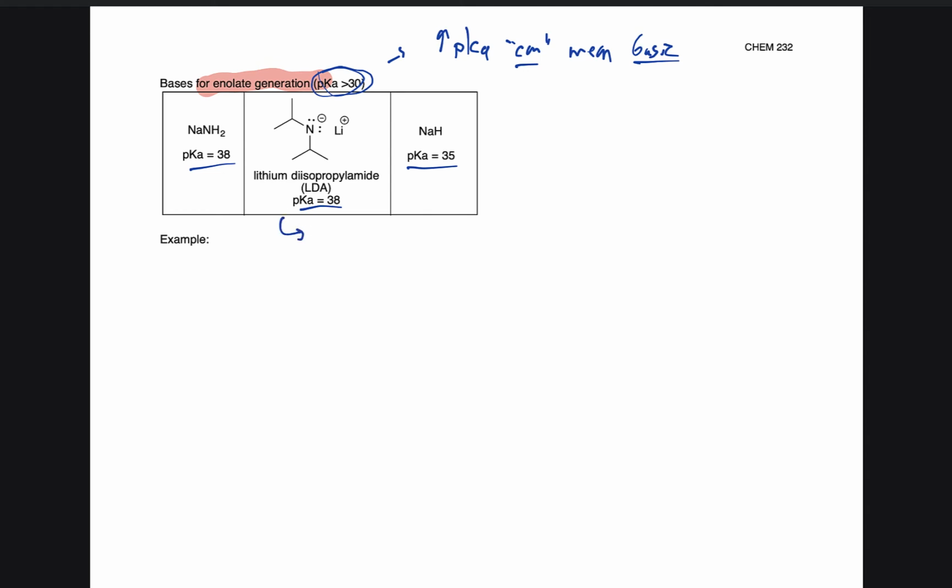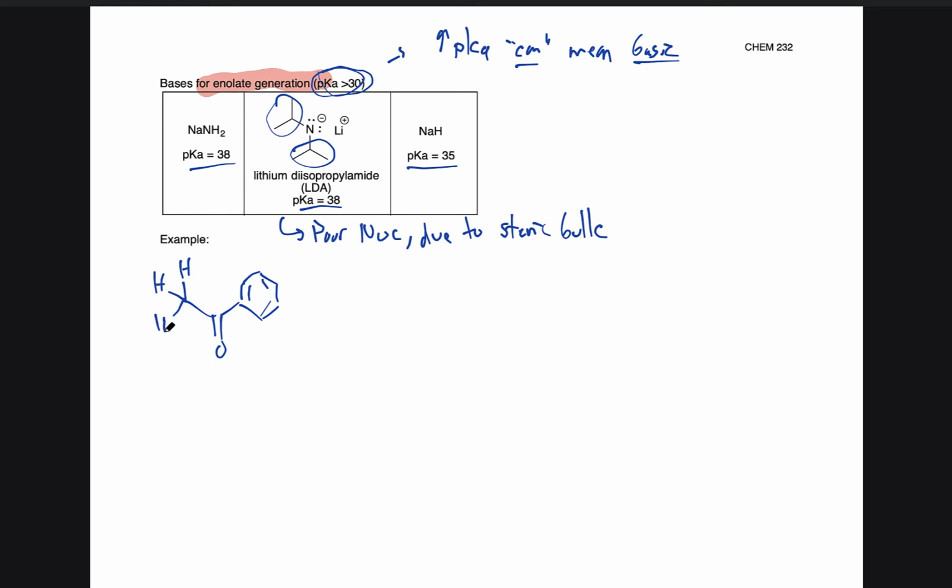LDA, which we've seen before, is a particularly strong base because of its negatively charged nitrogen, but also it's a poor nucleophile, which is sometimes what we want. It's a poor nucleophile but a great base due to steric bulk. It has these big, bulky alkyl chains here. So as an example, let's have this ketone here.